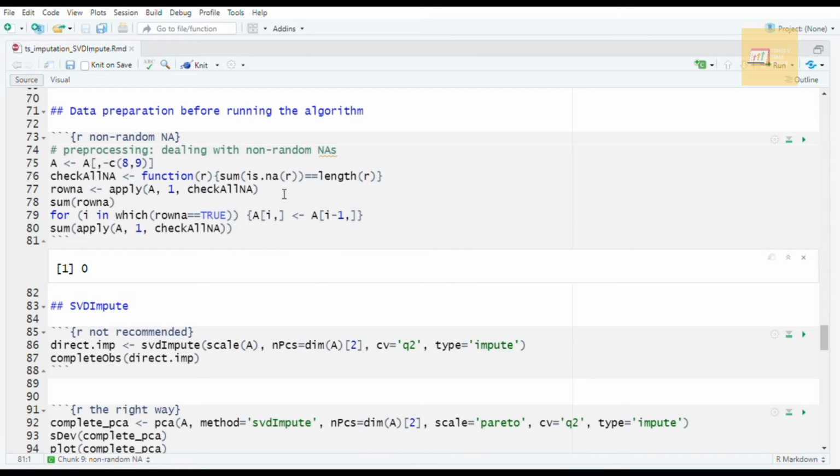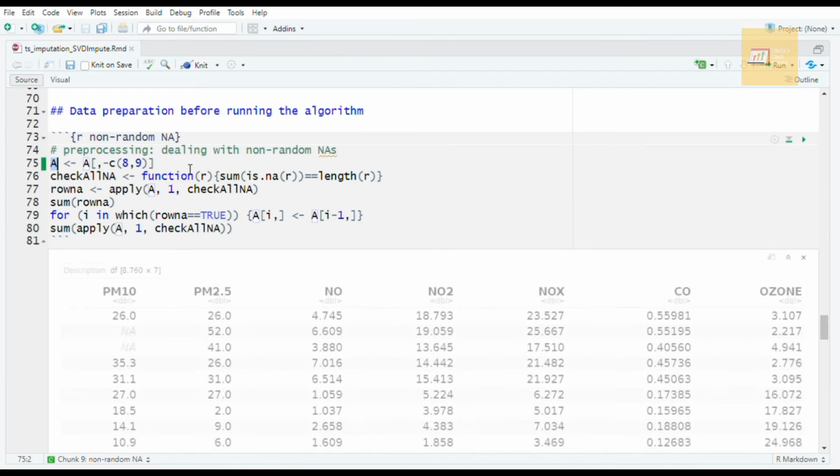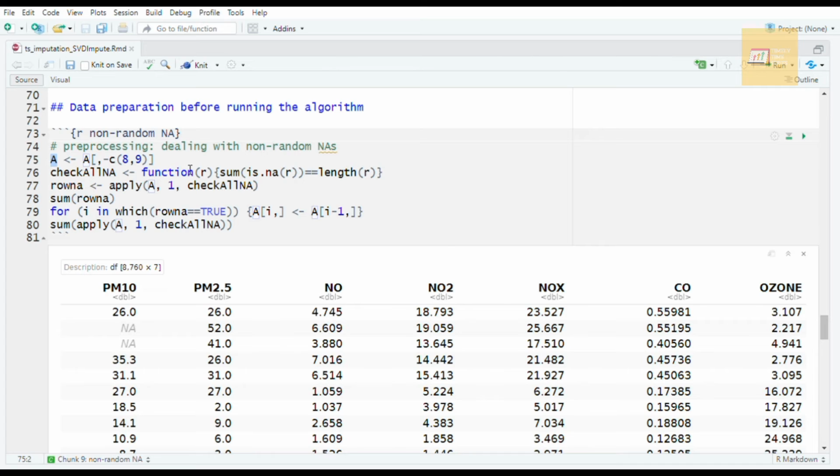The next requirement is that we cannot have a column with all missing values. Basically, we cannot impute a time series that is originally empty. That makes sense. Let me show you the matrix A now, after removing the last two columns.